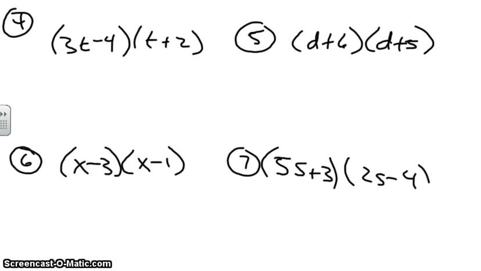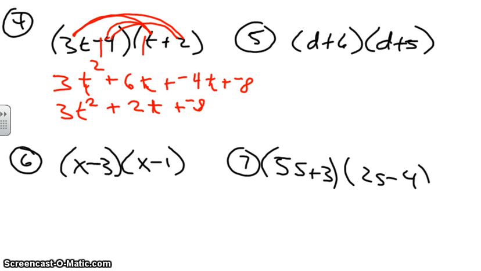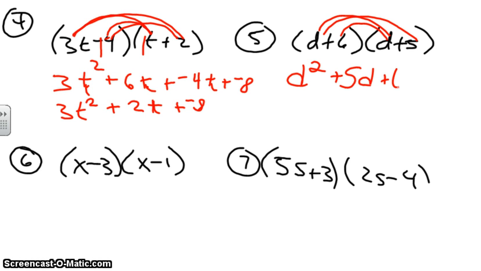Okay. So pause the video, come back and check your answers here. And there we go, by Chris. Good job, Chris. Go ahead. First, d squared. Outside. Is that a 5? Yes. Inside.